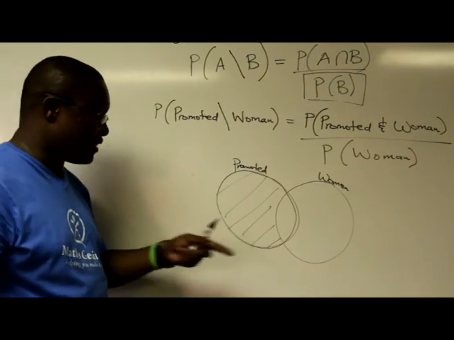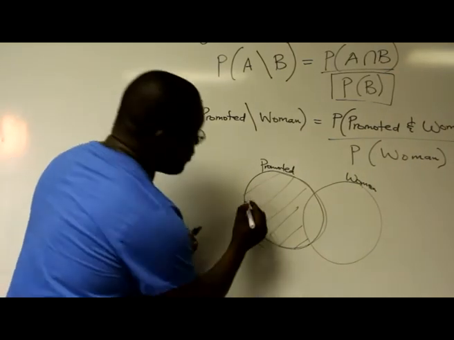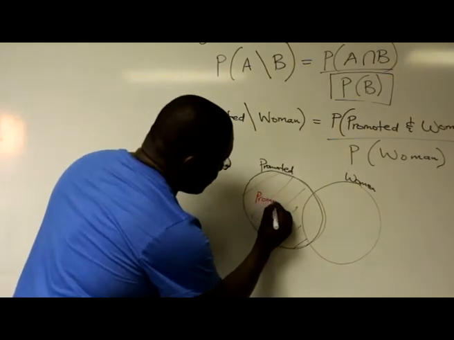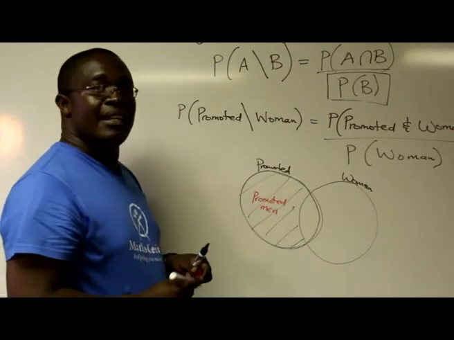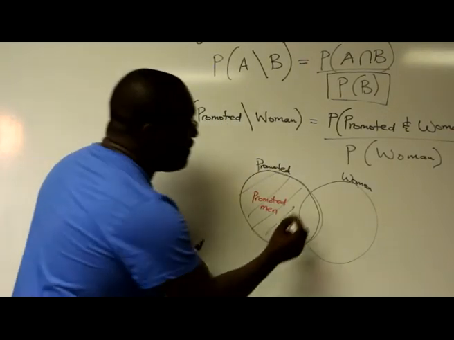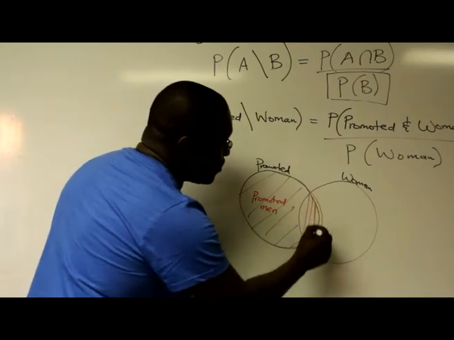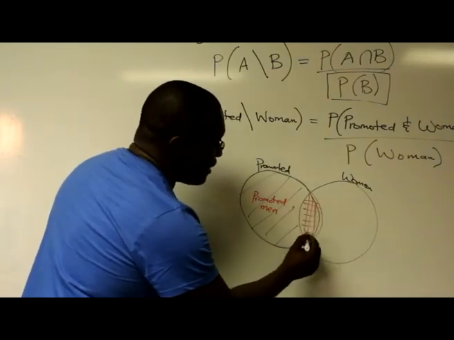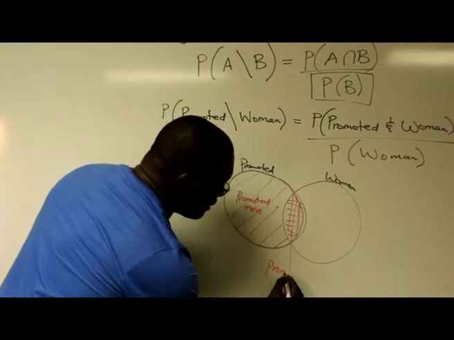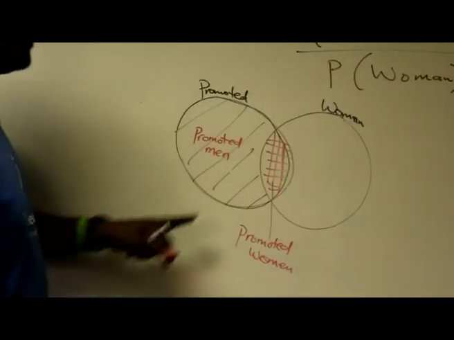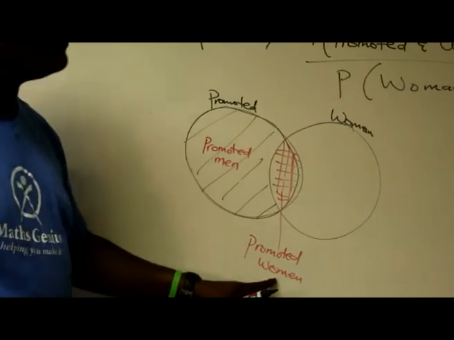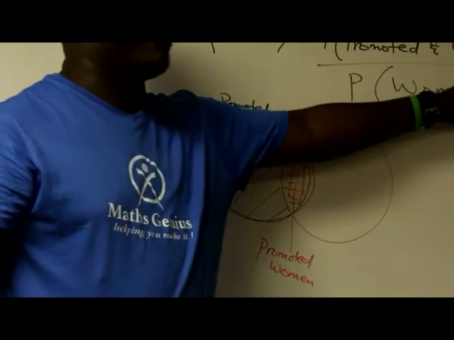Women are these ones. So these are promoted men. Promoted men, right? And then you have this red one, the boxed ones. These are the promoted women, meaning that they were promoted and they are women.